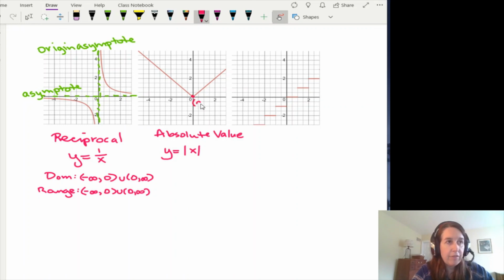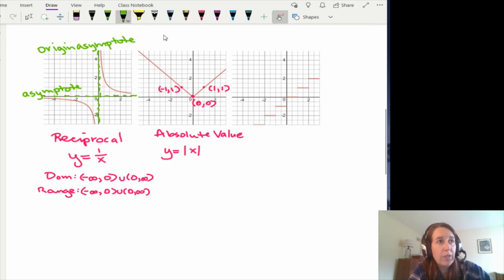Here we have the points 0, 0, the point 1, 1, and the point negative 1 comma 1, very similar to the y equals x squared, except there are straight lines there. Okay, so like y equals x squared, this also is symmetric about the y-axis.